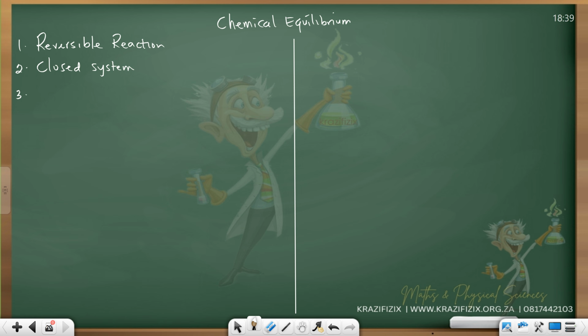A system where there's no exchange of material and heat with the environment. What else do we need to define? Dynamic or chemical equilibrium: a state where the rate of the forward reaction equals the rate of the reverse reaction. Number 4, homogeneous and heterogeneous equilibrium.